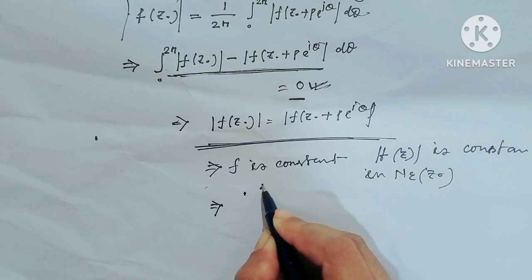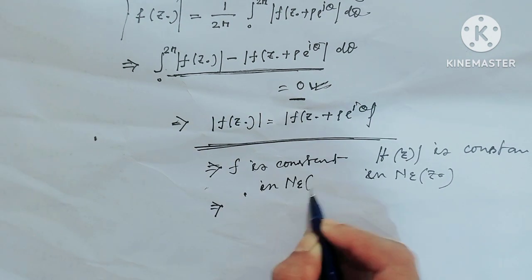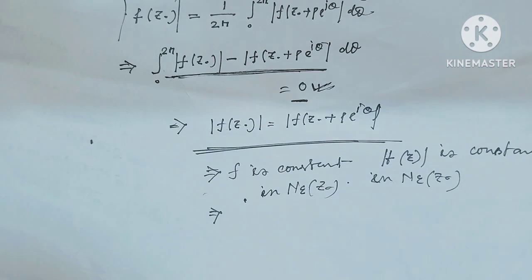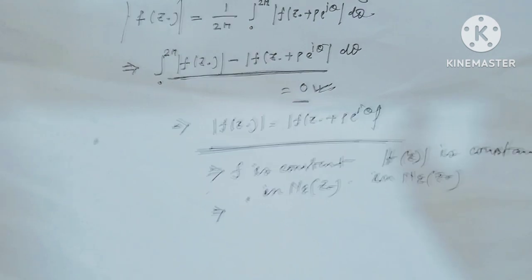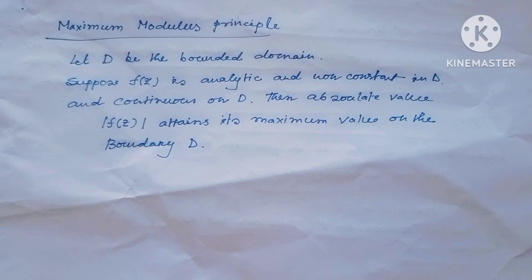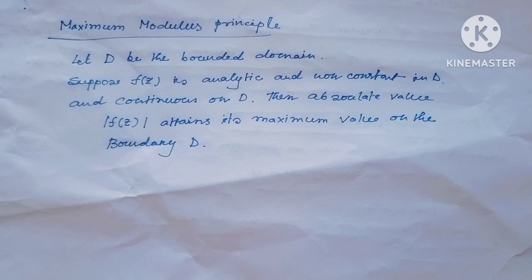Therefore f is constant in N epsilon of z0. Then what is the next version of the maximum modulus principle?